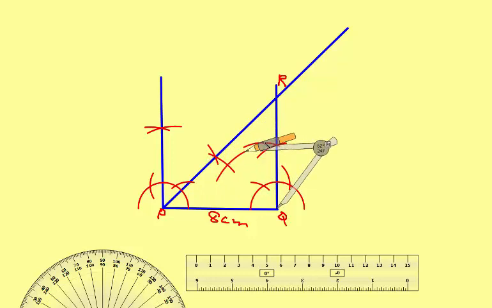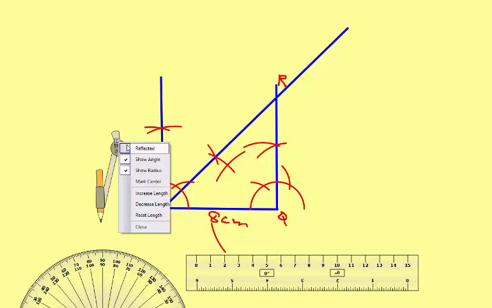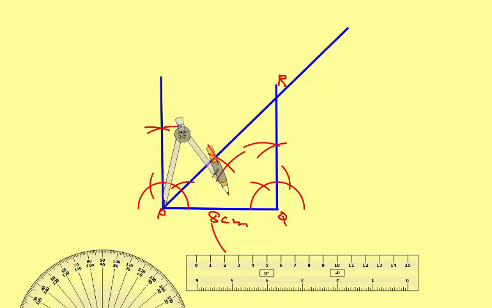Then when you construct one at the top, the same radius, move down, still standing at Q. Still standing at Q, construct another one down. Then let's move to this point. Good. With the same radius, bisect.